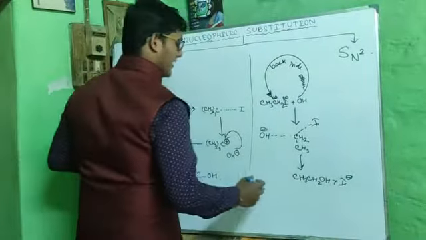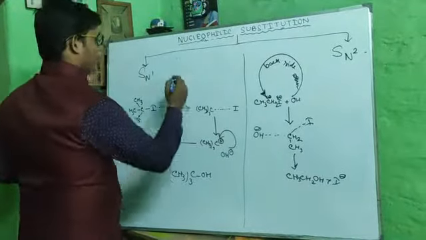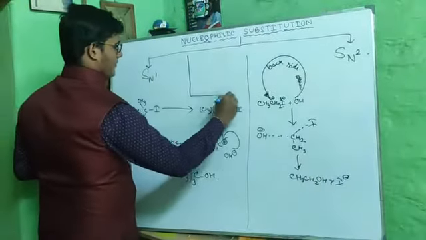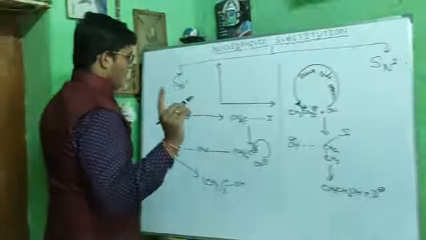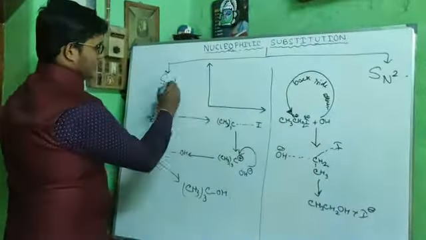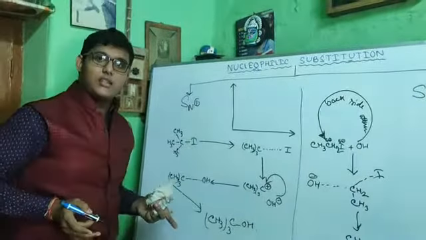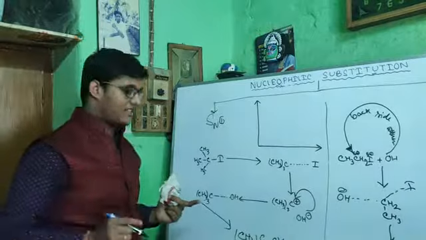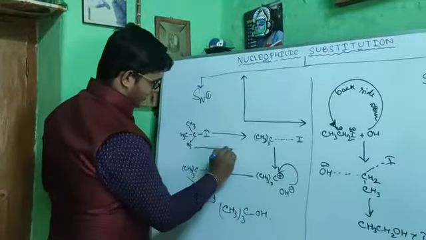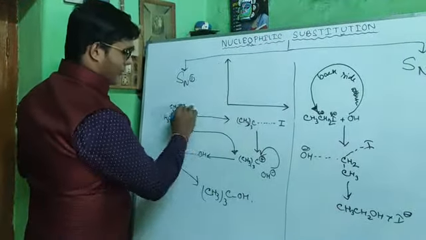Now we will go for the energy profile diagram of the mechanism. So if we go for the SN1 mechanism, I have already told that it is unimolecular. Why is it unimolecular? Because the order of the reaction is 1. How is the order determined? From the rate determining step. In this case, the rate determining step is the formation of carbocation.